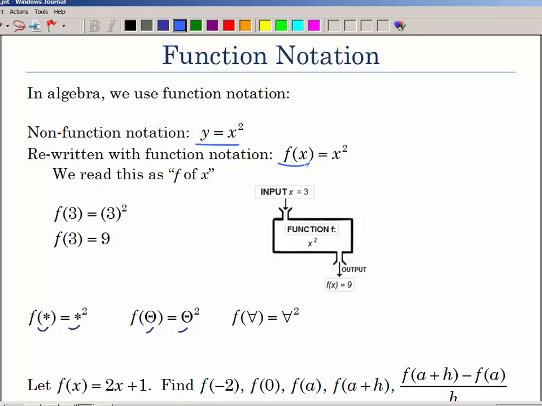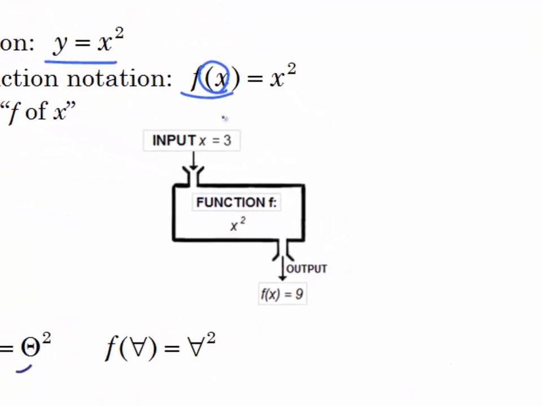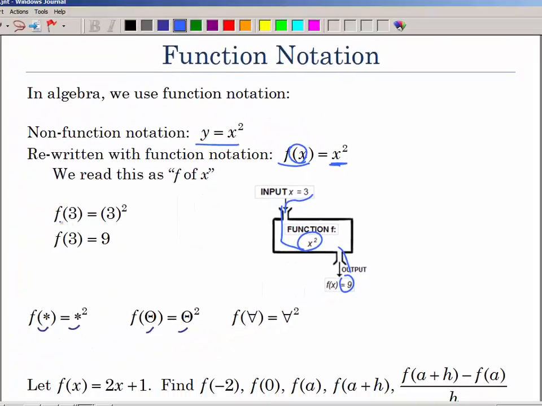I want you to think about that f of x. What goes in here is the input, much like this machine. So it says, what are we putting into the machine? This tells us what to do with that, and then we have an output. So if we put in 3 for x, we would say 3 squared, which is 9.